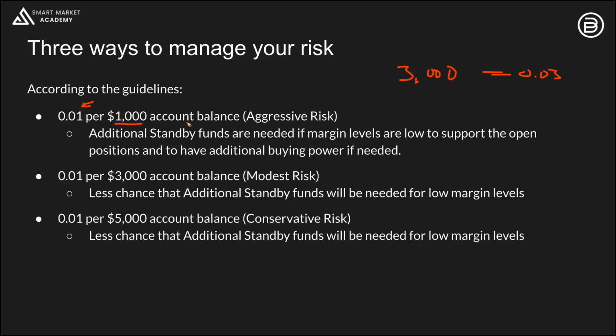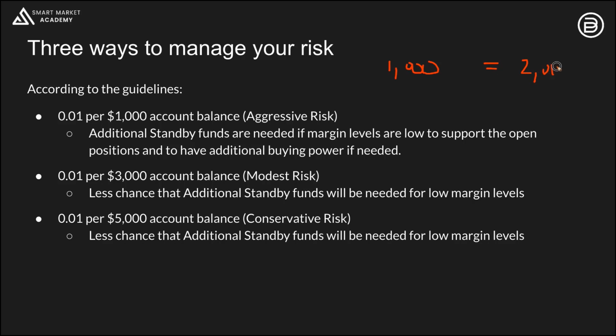Okay? Now, if we're looking at the risk parameters as aggressive risk, I need to make sure that everyone understands that when applying a very aggressive risk appetite, you would need to have additional funds available. How much funds would you need available? I would say that if you are trading aggressively, it's always safe to have at least twice as much, which means if you're trading a $1,000 trading account, have $2,000 available to add to the trading account.